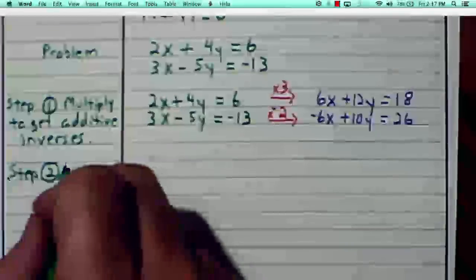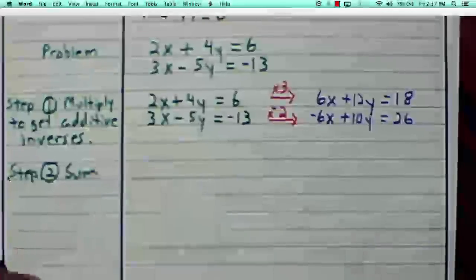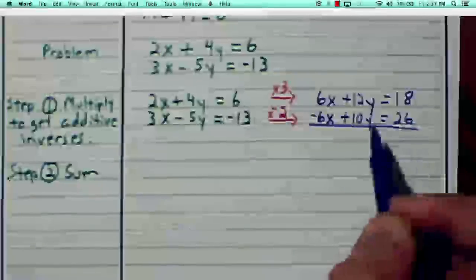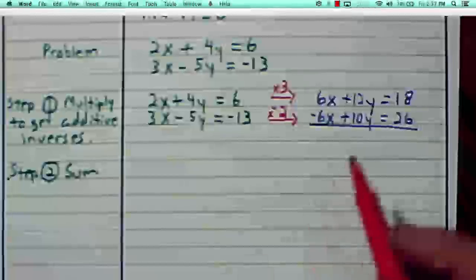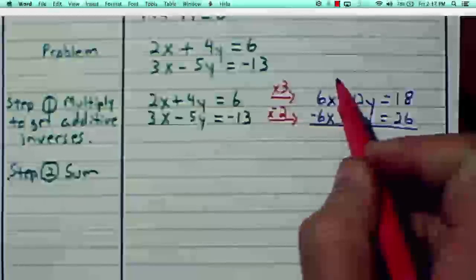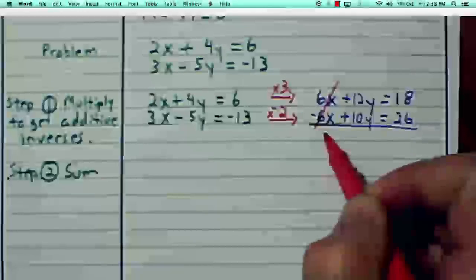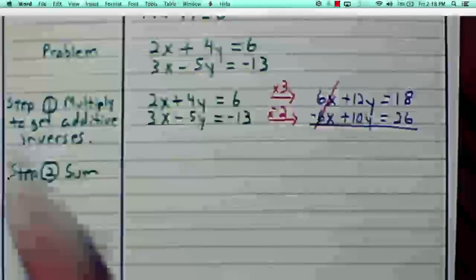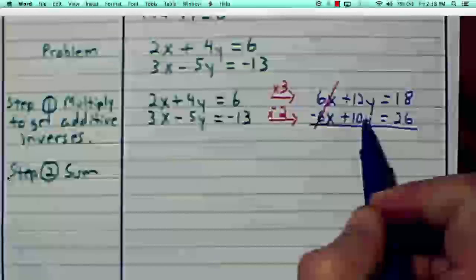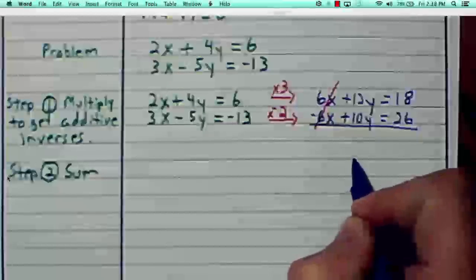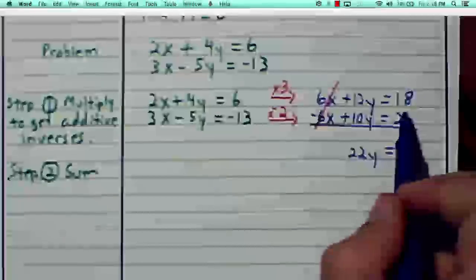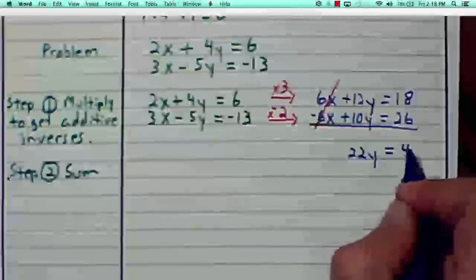All right, step 2: sum. I'm simply going to add down my columns over here. Well, as the name would indicate, 6x and -6x, they eliminate each other. Actually, they add to 0 as their additive inverses, but I won't have to keep that with me. 12y and 10y become 22y. 18 and 26 is 44.